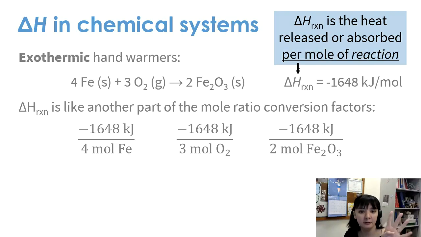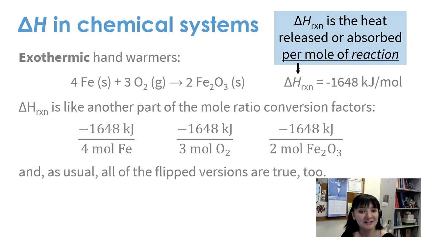So that's per 4 moles of iron, or per 3 moles of O2, or per 2 moles of Fe2O3. So I have all of these potential conversion factors included in my delta H here. And as always, any conversion factor can be flipped around to its reciprocal, so we can also have all of the inverses of these as well.